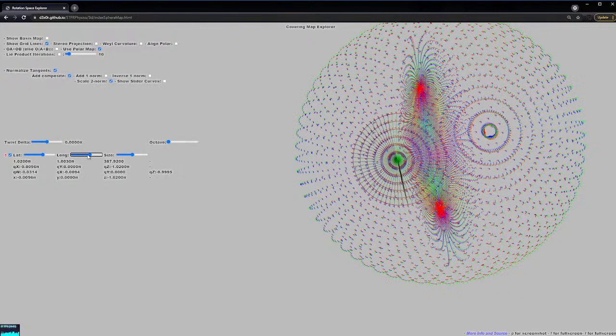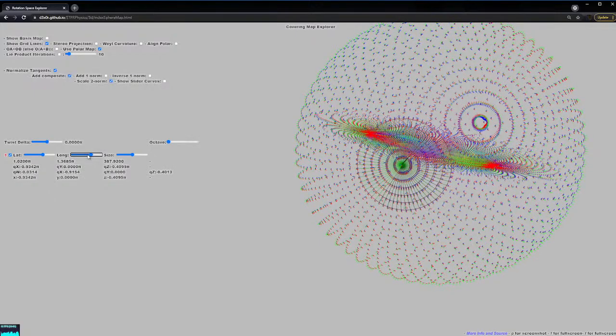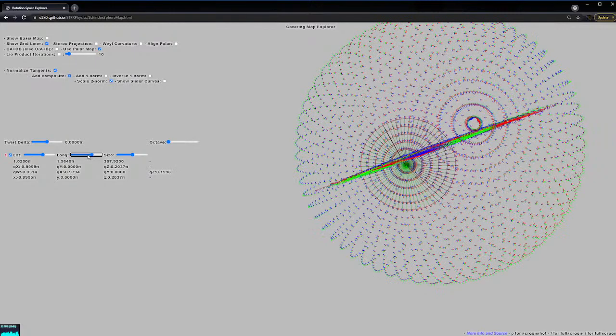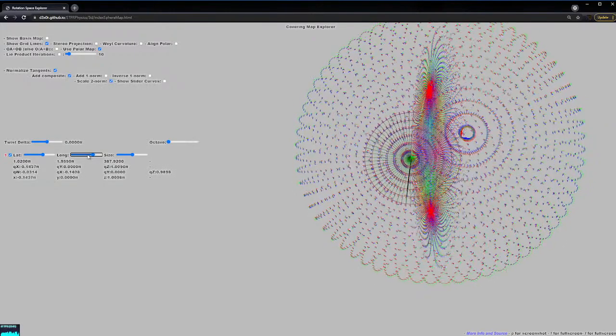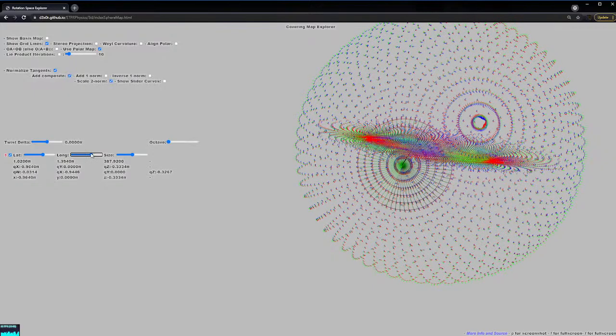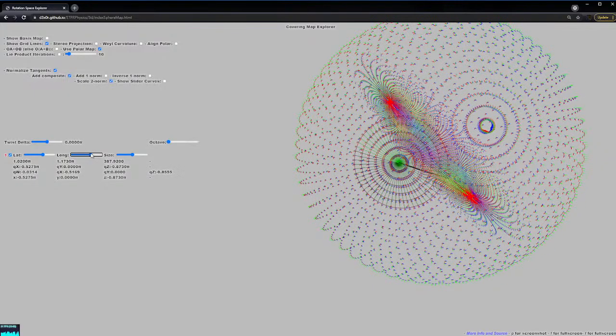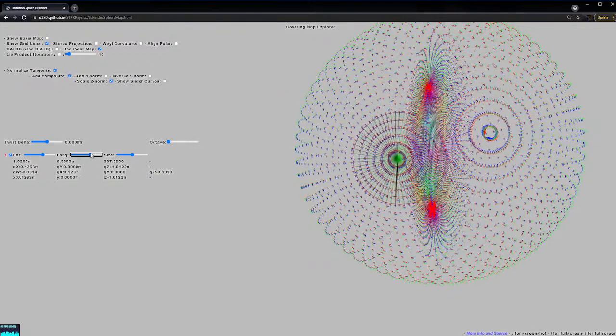It's 1 pi. And 2 pi. And this is back to the origin. Right. 1 pi is half a rotation.